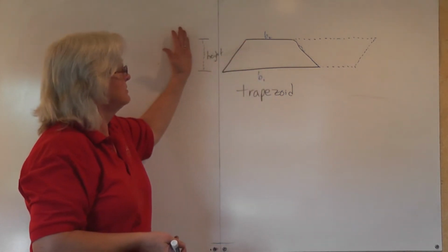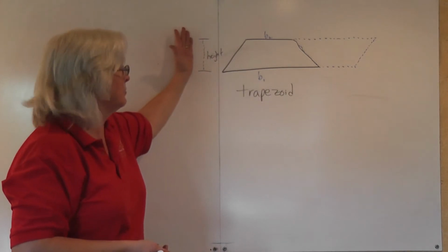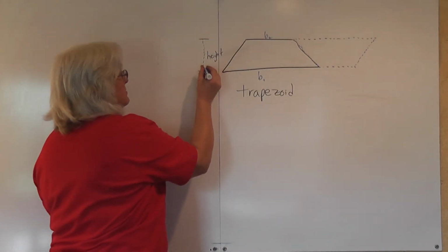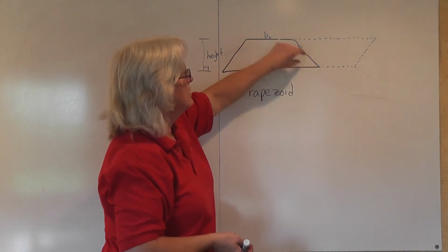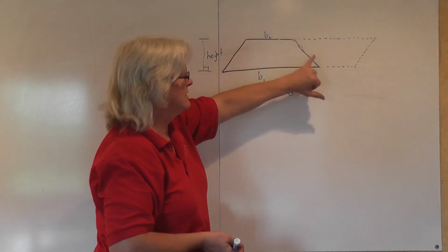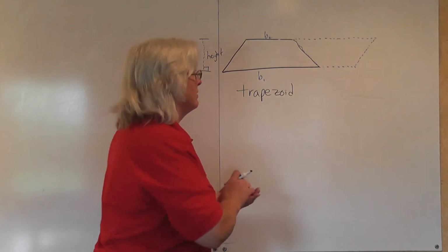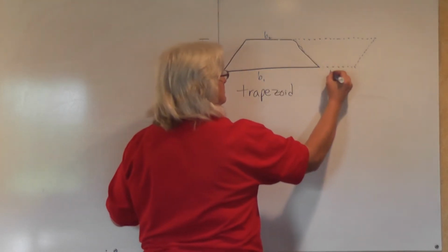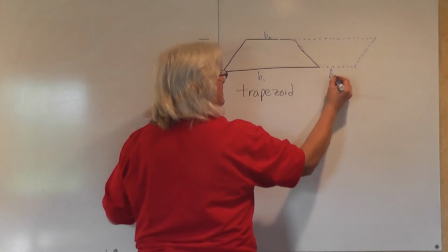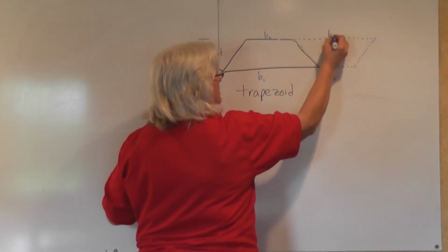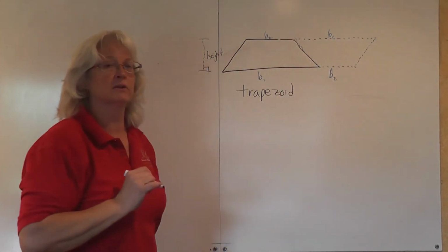The height doesn't even show up because that's just the perpendicular distance between the two bases. When we turn this trapezoid upside down, this dimension over here is the second base, and the dimension up at the top is the first base, isn't it?